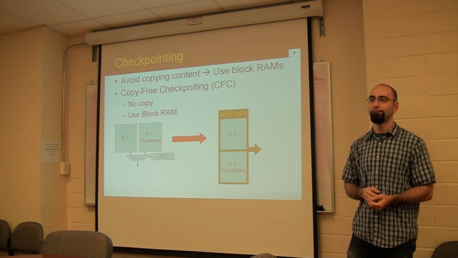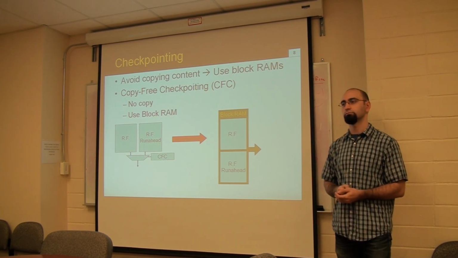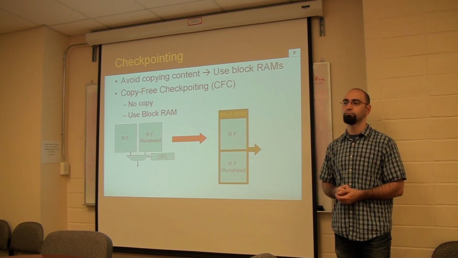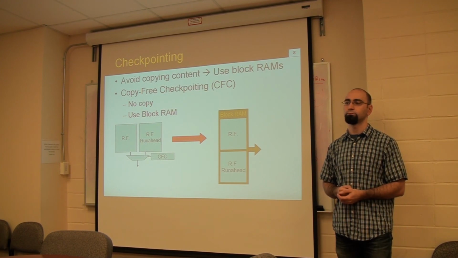Yep. So it seems like this would work best if you had something like reconvergent branches, right? Where the miss that you have looks dependent because the processor pipeline can only see 3 instructions in the future. But if you go 10 instructions down, it turns out that branch doesn't even matter, that you're comparing against the memory miss that you're waiting on, and you can kind of run ahead that way.